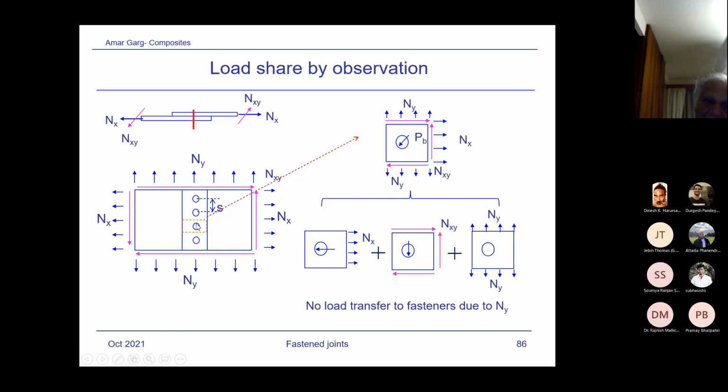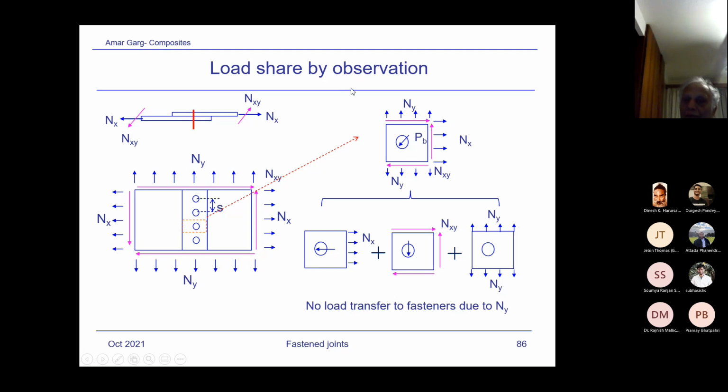So I pick up this fastener, say. If you look into the free body diagram for this fastener, what will happen? From one strap to another strap when the load transfers. Okay, so I take this as a free edge. You can see this is a free edge. So there's no load over here at the free edge. This load NY, I said it doesn't get reacted by the fastener.